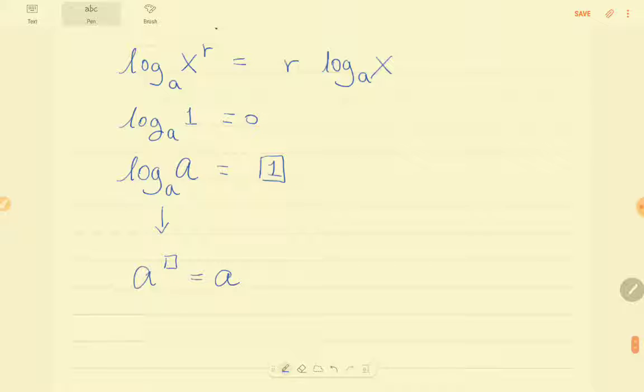Yep, you're right. It's 1. Log base a of itself is 1. So those are our properties that we're going to be using in order to answer some questions. But we're going to start off with just rewriting logarithms using those properties.